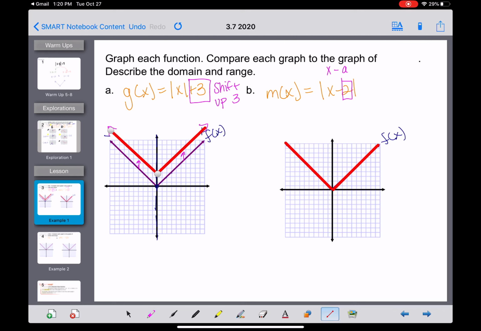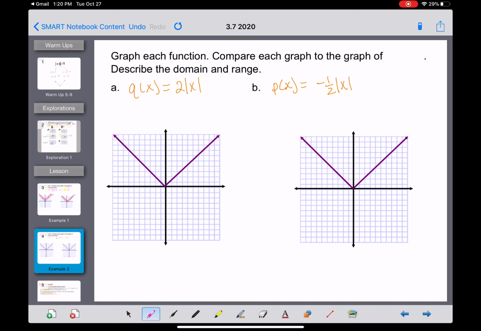We're going to take our lines and shift them 1, 2 units. They have the same slope because there is no factor or a multiplier out in front, so that's why the lines are still parallel, but the line has physically gone 2 spaces to the right.